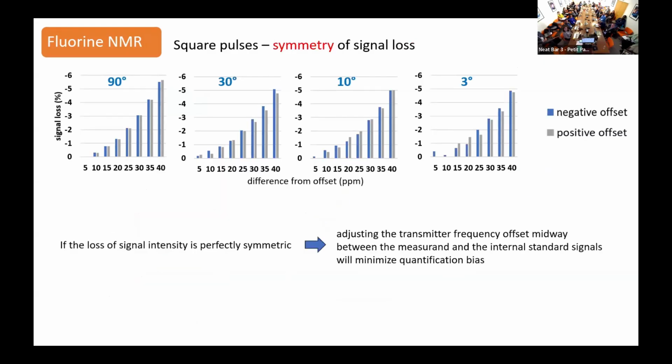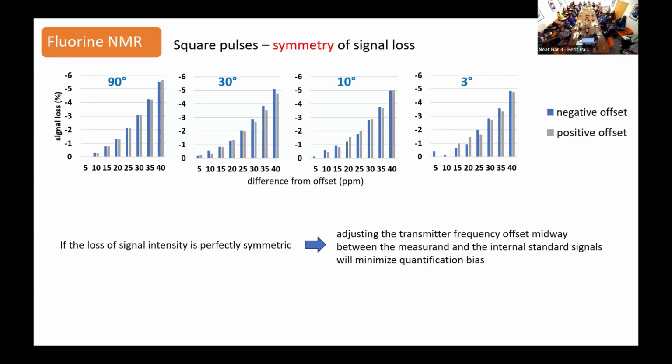So I tried to compare the signal loss we had to one side and to the other side, aiming at compensating these signal losses from the analyte and internal standard. Maybe if we lose the same amount of signal in the two peaks, these losses would be compensated. So here are the same results, but I'm comparing the signal losses depending on the offset to one side and to the other side of the transmitter frequency.